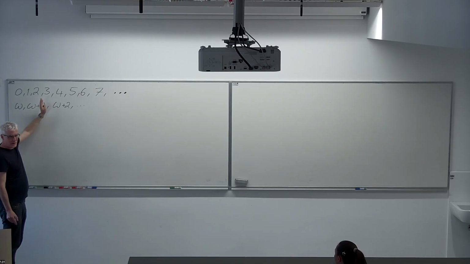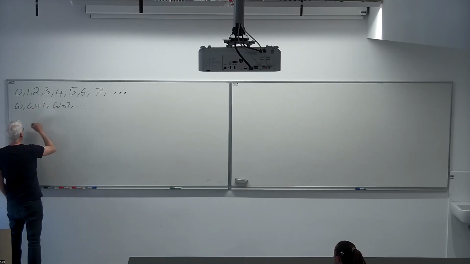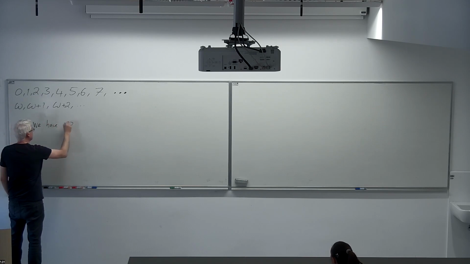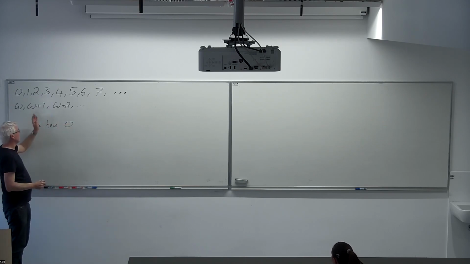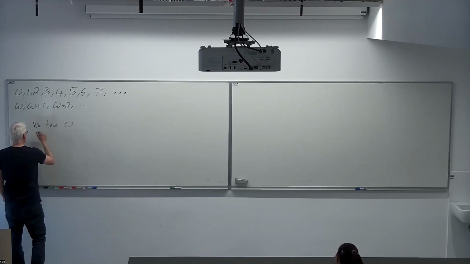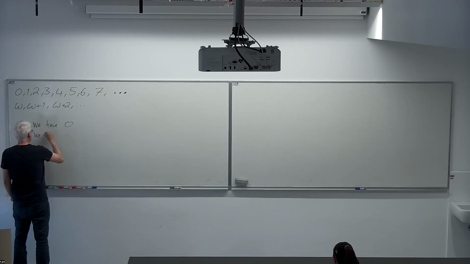We start at 0, so we have 0. From any finite number, but also any ordinal number, we can add 1 to it and move to the successor ordinal. So we have a successor operation.